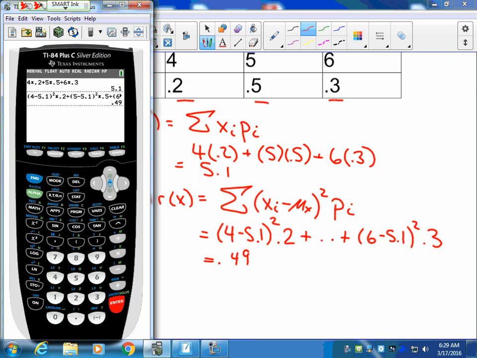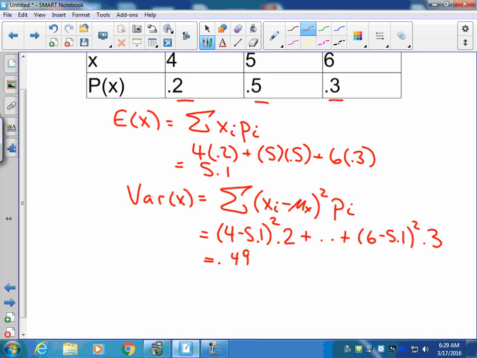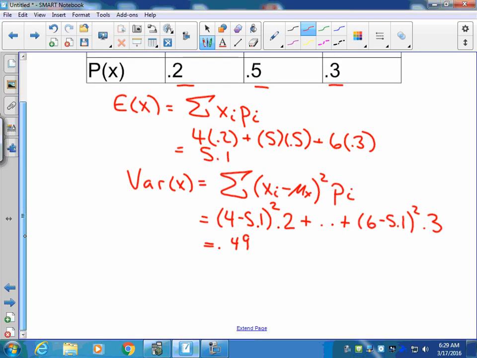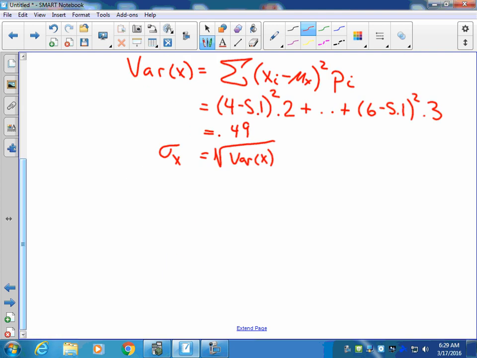And now to turn variance into standard deviation, what we have to remember is the sigma of x, or the standard deviation of x, is just the square root of the variance. So when we're looking at this, we have to remember that variance unit-wise is a squared value.